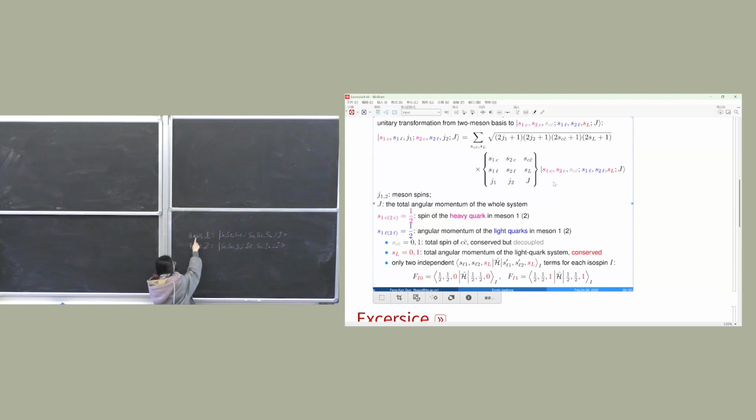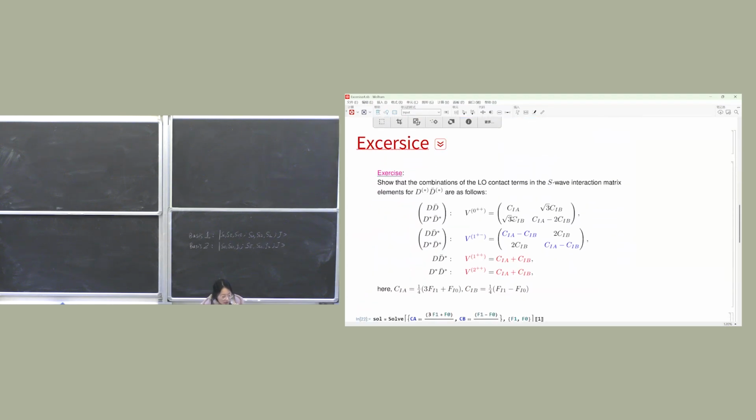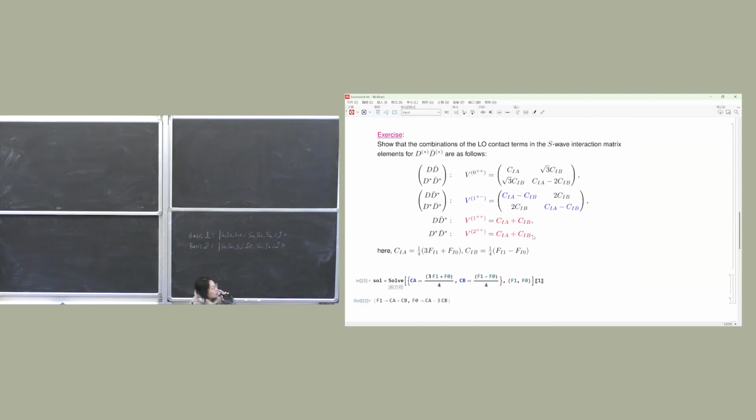Basically, these 2 bases can be related by the formulation listed here. Actually, this is just a basis transformation, a kind of combination of these 2 bases. So here comes our exercise: for different GPC quantum numbers, as mentioned, there are only 2 free parameters to represent the HH bar interaction.